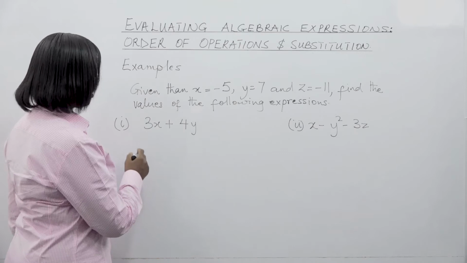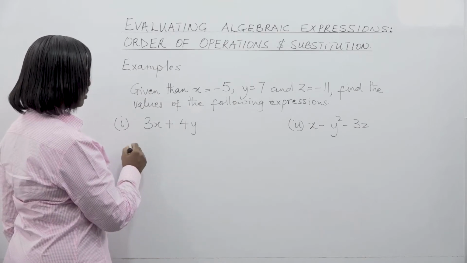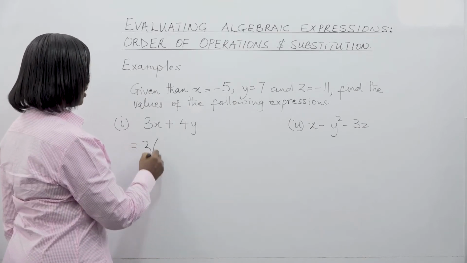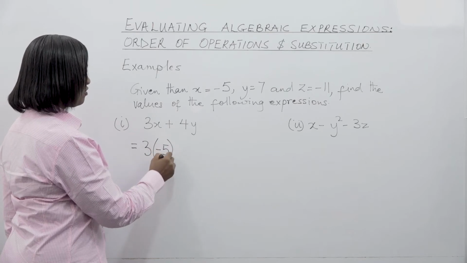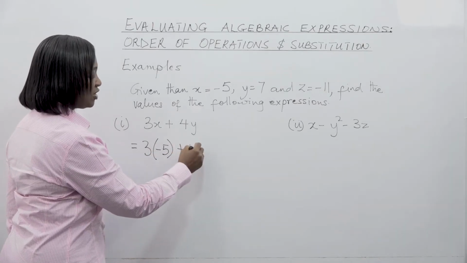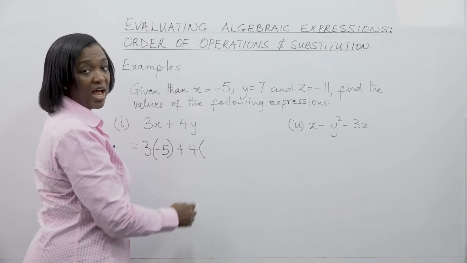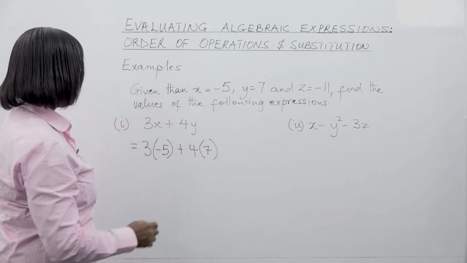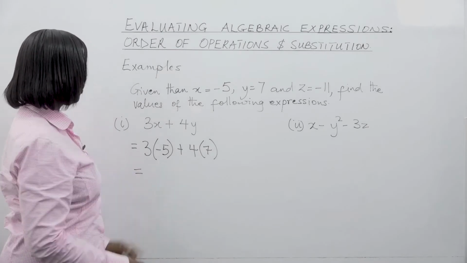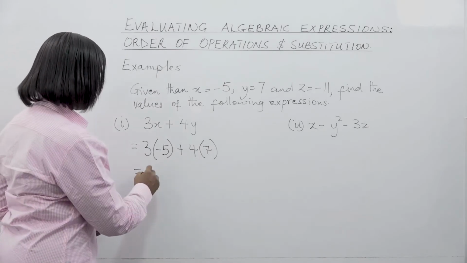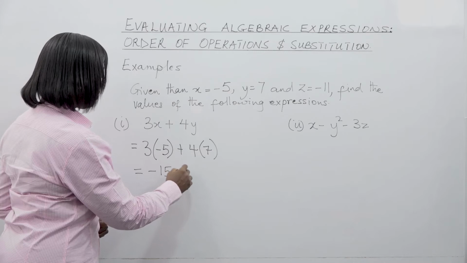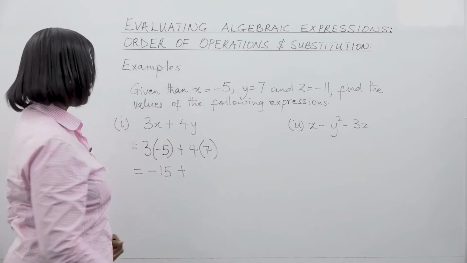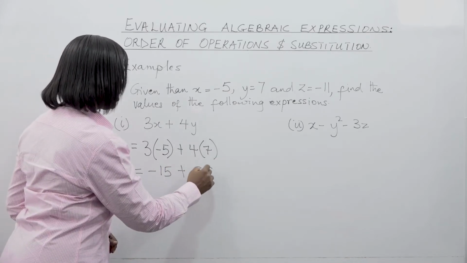So let's see. 3x plus 4y is equal to 3 times minus 5 plus 4 times 7. This is equal to 3 times minus 5 is minus 15, plus 4 times 7 is 28.